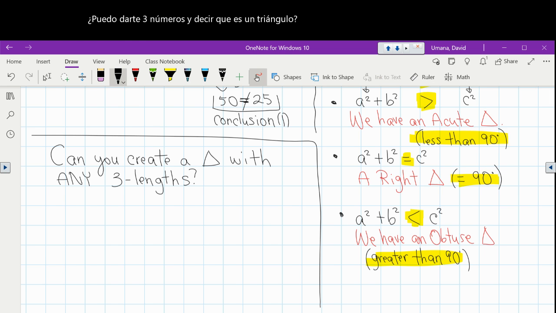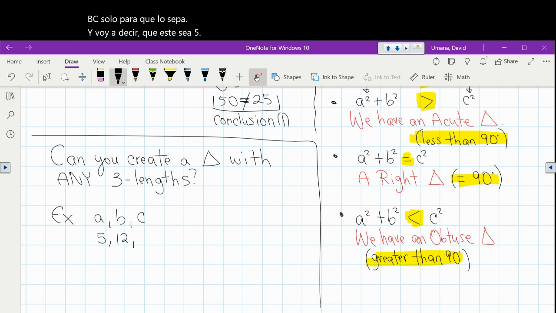It's a guarantee. And the ones I want you to check, I'm going to ask you to check this one, see if this one is a triangle. I'll say A, B, C, just so that I know. And I'm going to say, let this one be 5, 12, and 13. Now, by the way, C is the biggest number, just so that we have something to look forward to.